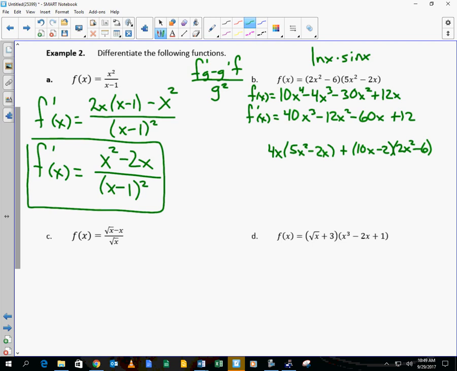But, yeah. All right, 4x times 5x squared is a 20x cubed. 4x times negative 2x is a negative 8x squared.